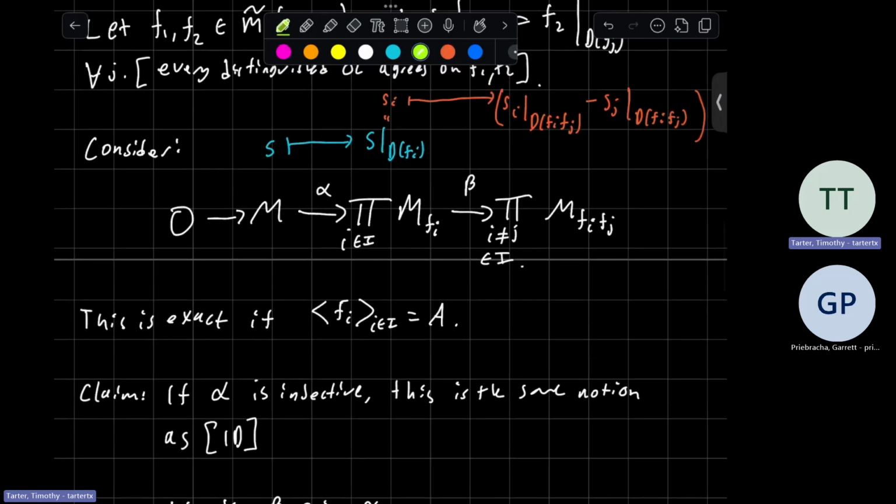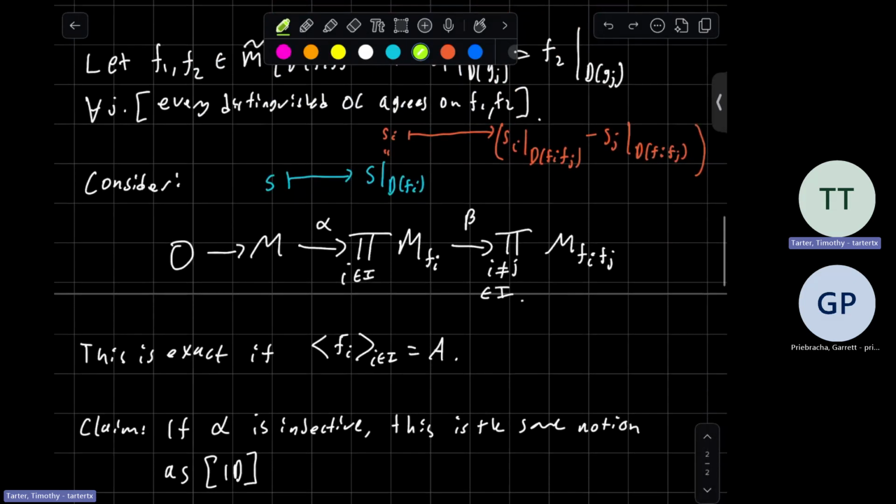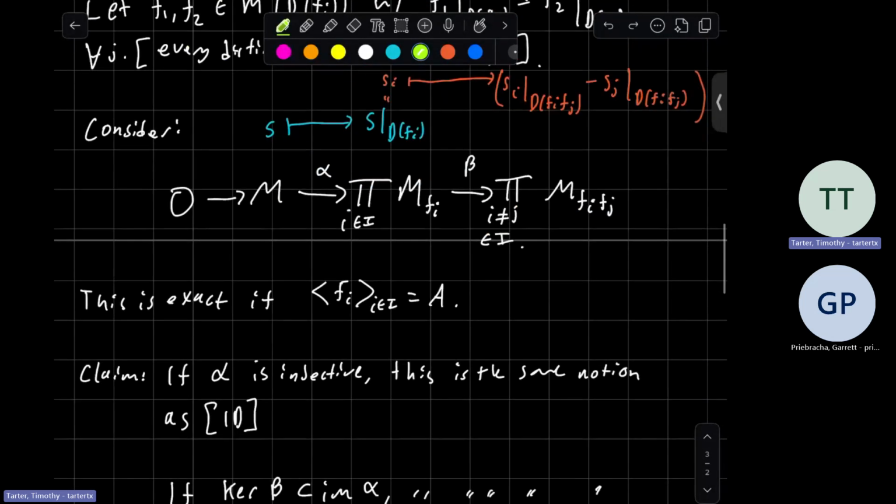Right, because this measures the distance between things, which on the intersection should be 0.